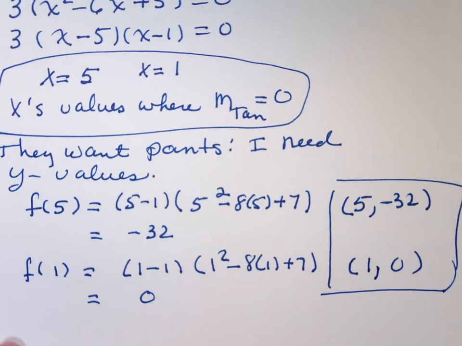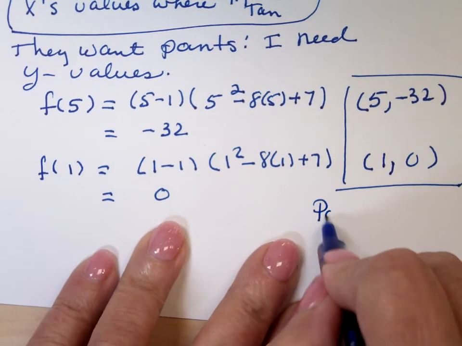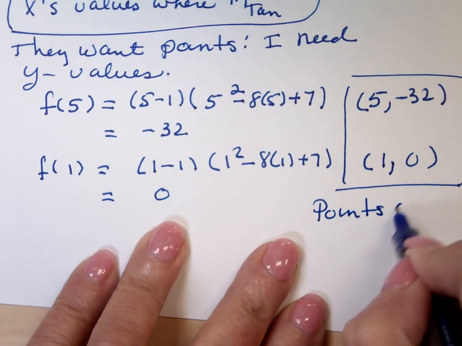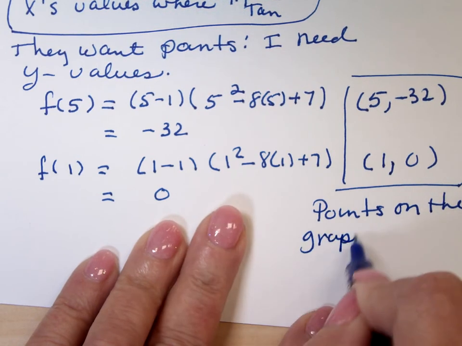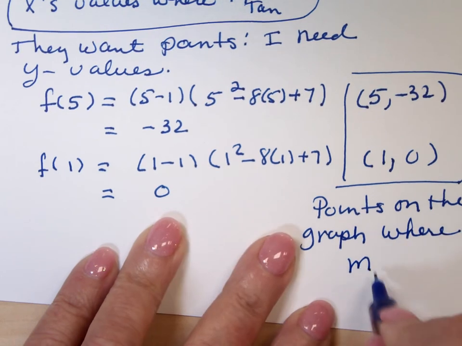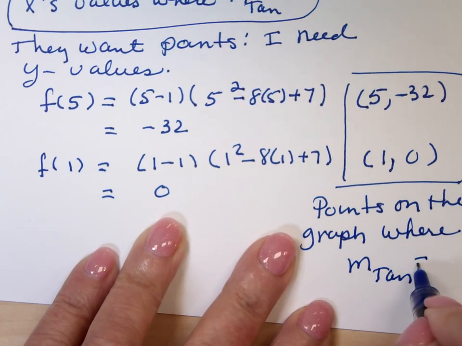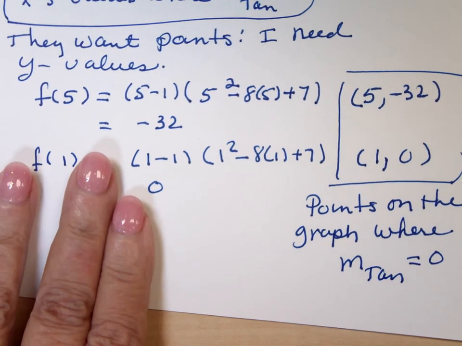Now, what are those? Those are the points on the graph where the slope of the tangent equals 0. So those are the coordinate points.